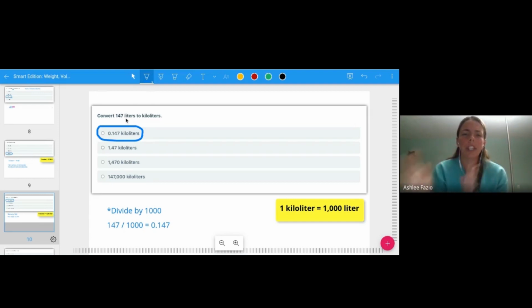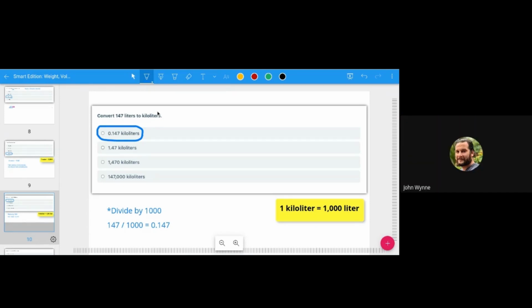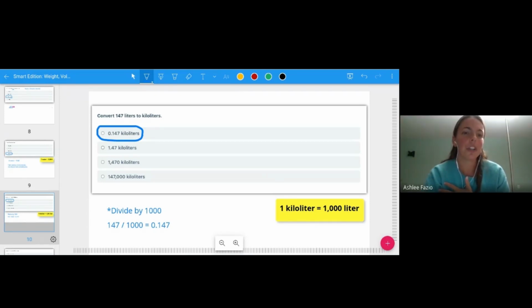Liters are smaller than kiloliters, right? So if I have 147 liters, I have to know that that's smaller than 1 kiloliter. So one way to do this is to have that reasonableness down, that could be helpful. Or here, dividing by 1,000.